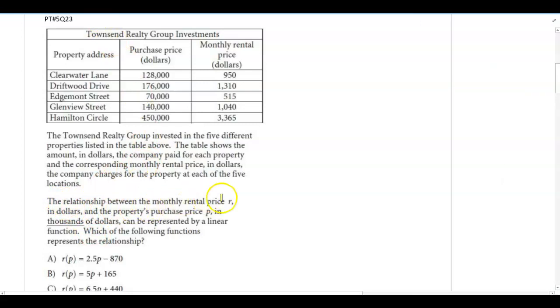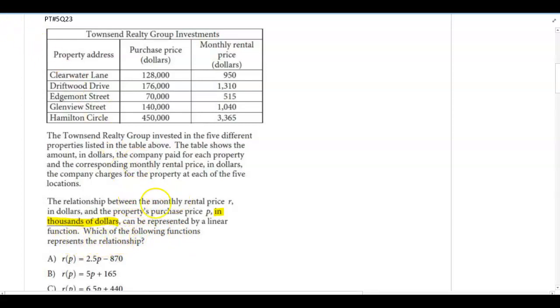The relationship between the monthly rental price R in dollars and the property's purchase price P in thousands of dollars. This is a key phrase here, and I'll explain why in a minute. Can be represented by a linear function. Which of the following functions represents the relationship?